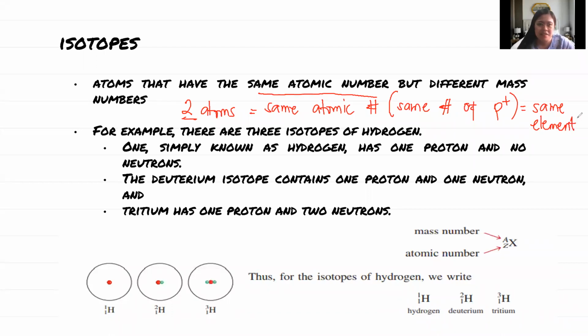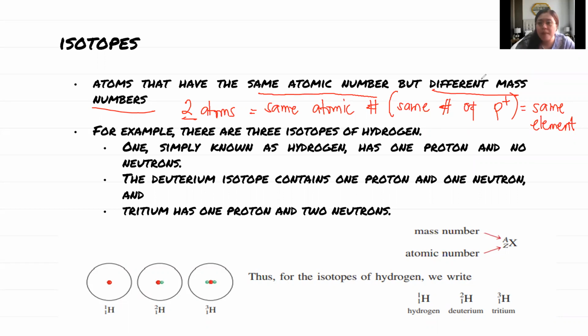Same atomic number, therefore the same number of protons. Remember that protons are used to identify an element. So if they have the same number of protons, they are the same element. But what is different? They have different mass numbers.